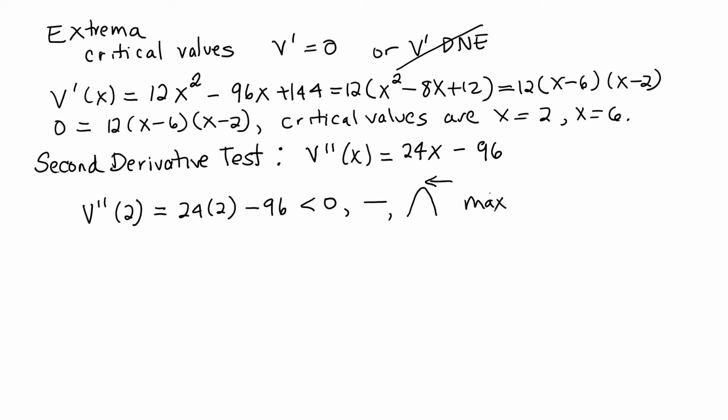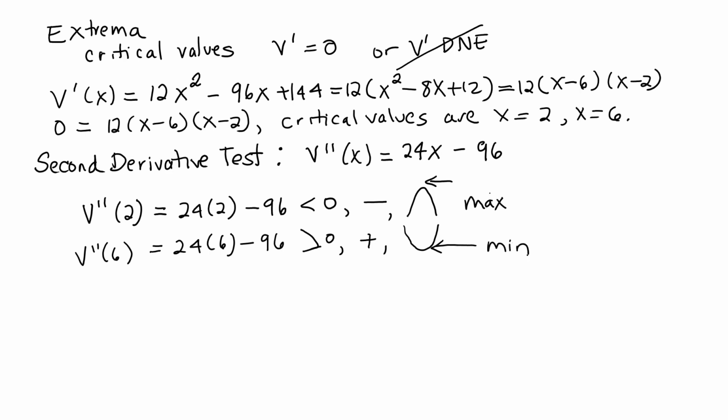Let's see what happens with x equals 6. The second derivative evaluated at 6 is 24 times 6 minus 96. And again, you don't have to compute this to know that that difference is a positive number. And if the second derivative is positive, it tells us that the shape is concave up. And if it's concave up, the most extreme point is a minimum. Let's remember what the domain was. The domain is 0 to 6.